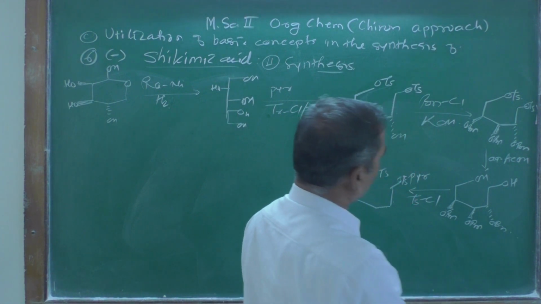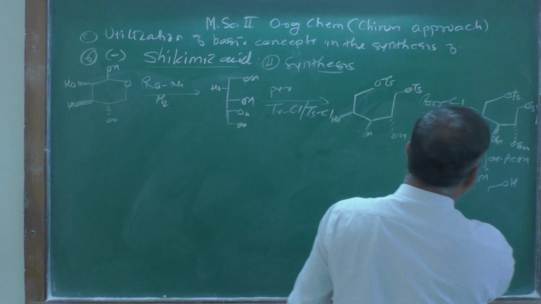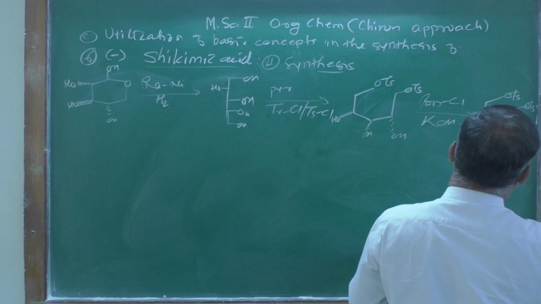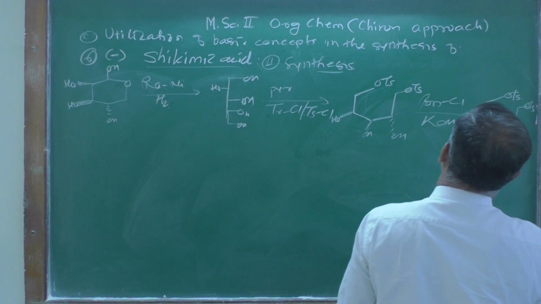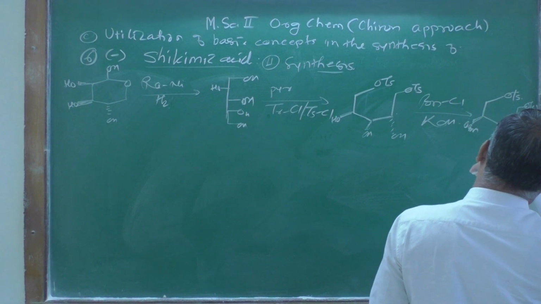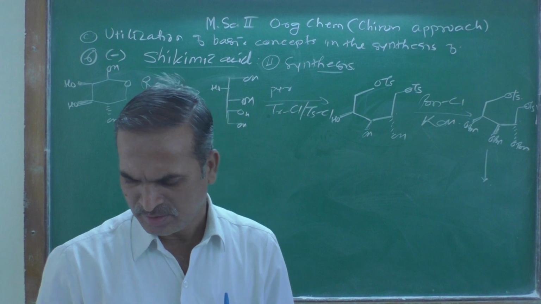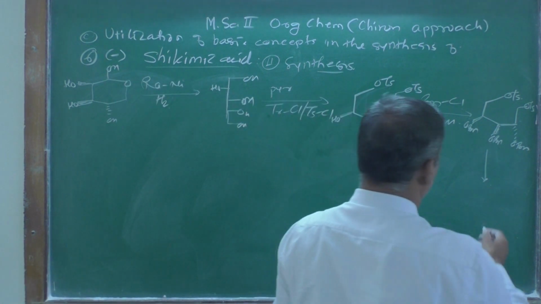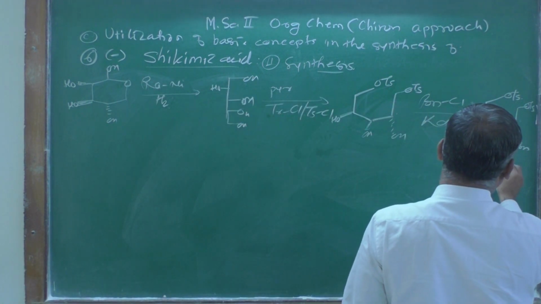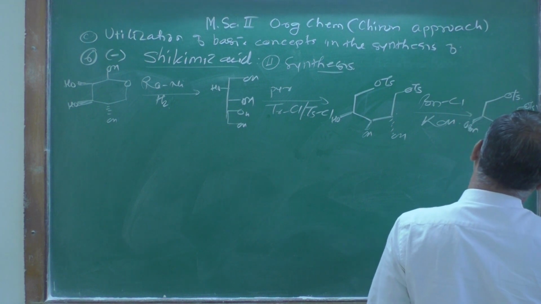There is no need for deprotection here, so directly we can write it here. Further you can use a Wittig reagent, that is Ph3P=CH2, Wittig reagent.